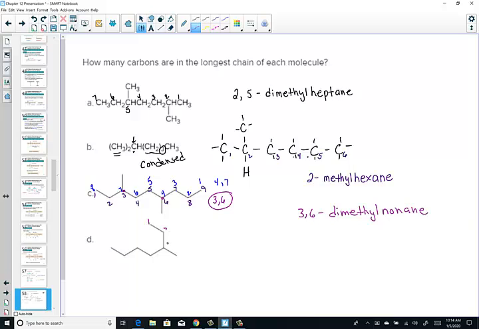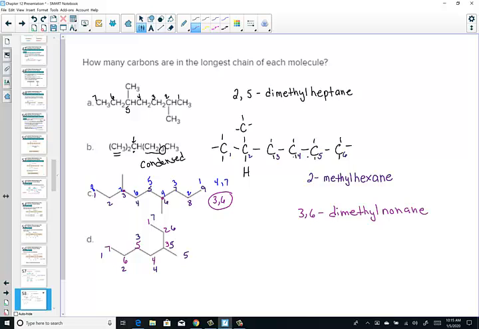Letter D. At letter D, I'm finding the longest chain to be 7 carbons long. If I check and numbered the opposite direction, the locant there for the branch of methyl would be at carbon 5. If I numbered from left to right, I get a 5.